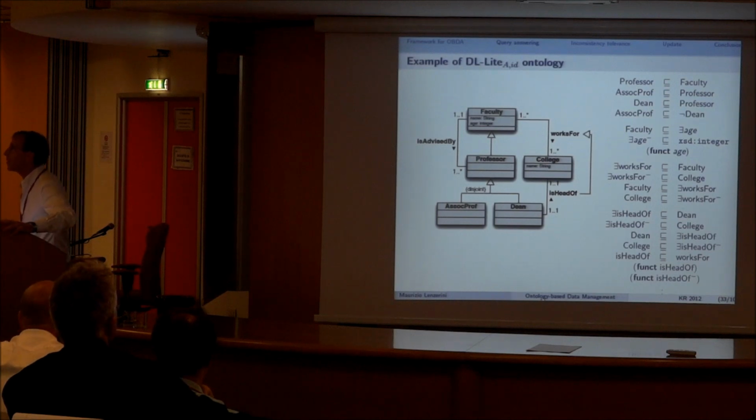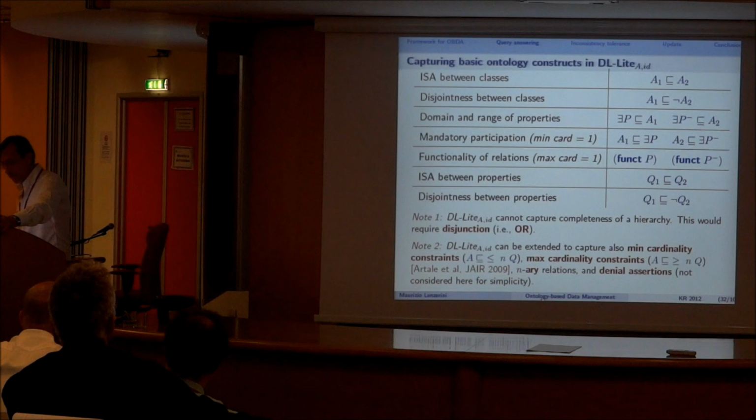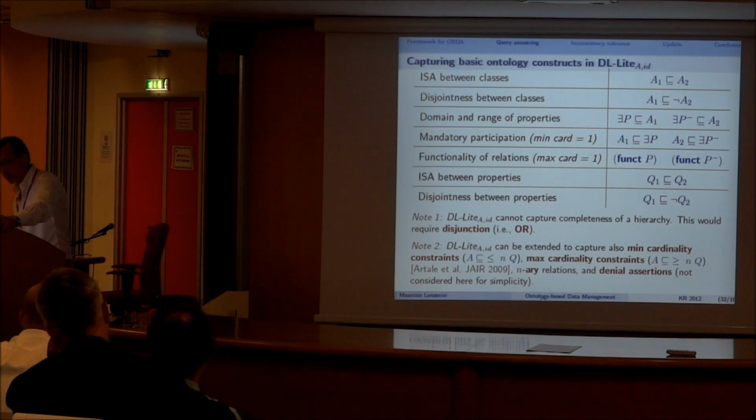I mean, the kind of formalism that people use to express the conceptual schema, the conceptual model of an organization. Okay, so you have this kind of mechanism. You have inclusion assertions between classes, disjointness between classes, domain and range of properties.